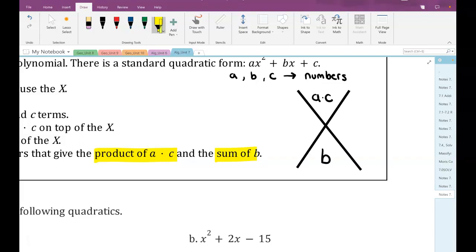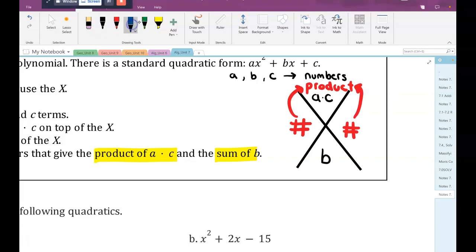So in other words, it has to equal the product of A times C on the top. So this has to be the product, so it's multiplication. Then we go the other way. On the bottom, when we add these two numbers together, we should get whatever our B value is.